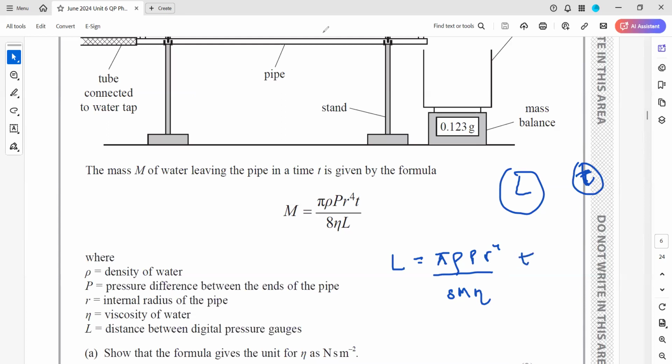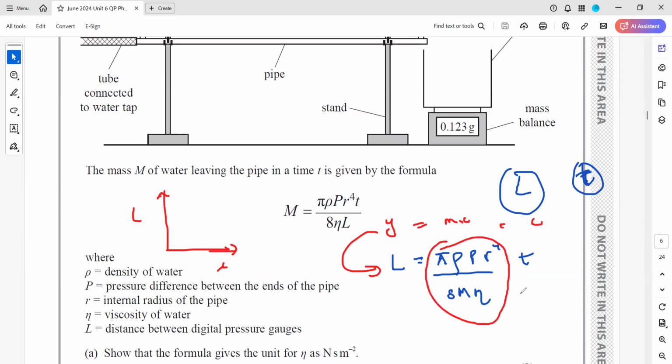So if I sketch a graph of y equals mx plus c, on the y-axis I sketch the distance between the two pressure gauges, and t is the time it will take to flow. So the gradient will be this value. And if I need eta, in short, I will just replace this by the gradient.